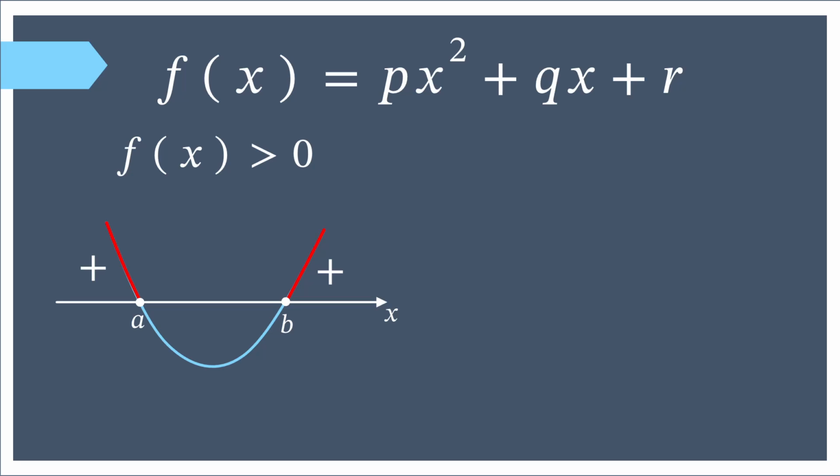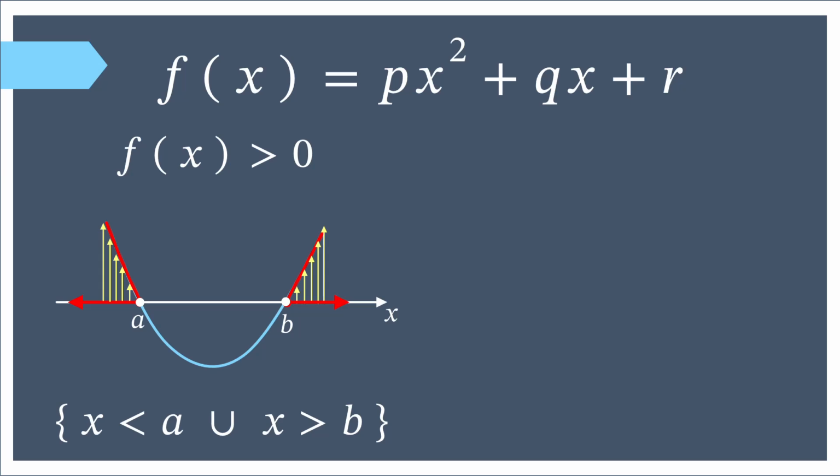It certainly should be values of x that are less than a and values of x that are greater than b. These are the values that satisfy the inequality f of x is greater than 0. We're saying that these are the set of values of x where the graph is above the x-axis. So this will be the solution set.